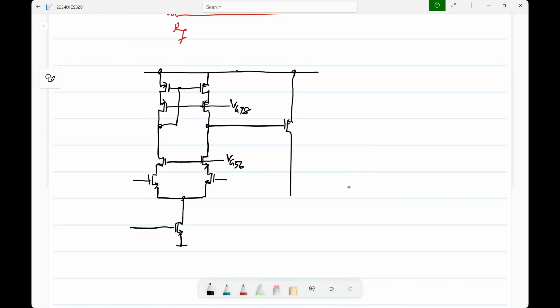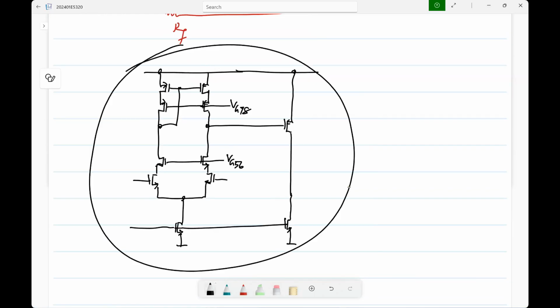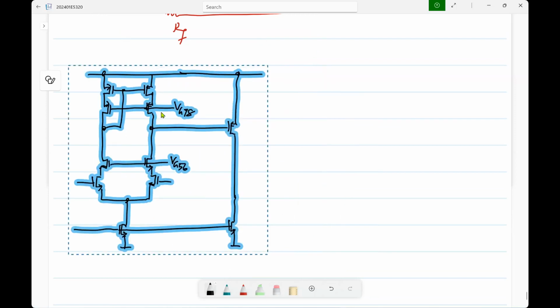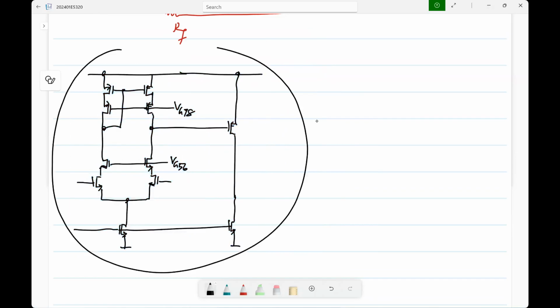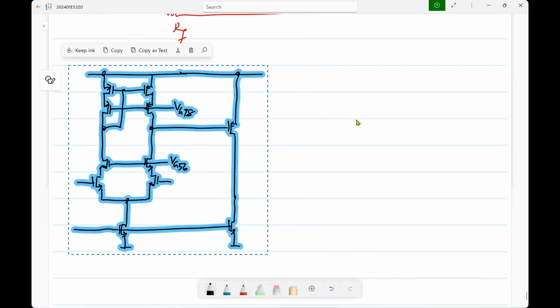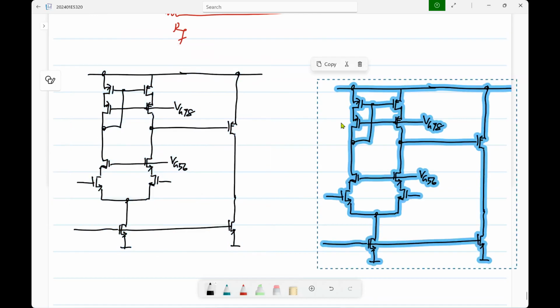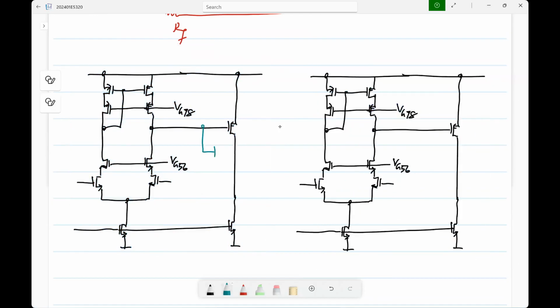So we have this cascode stuff. Now normally, CC would be here, right?